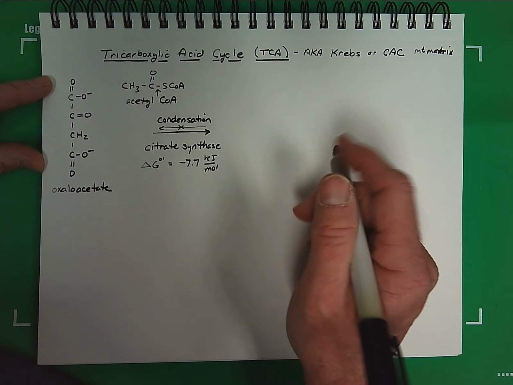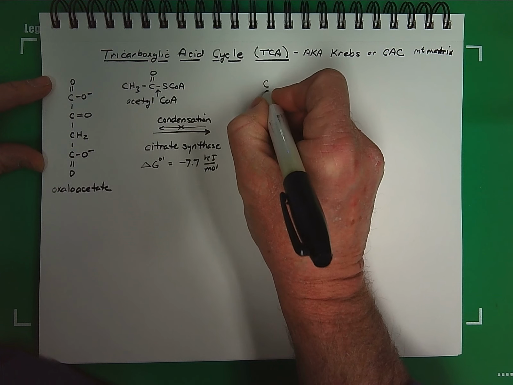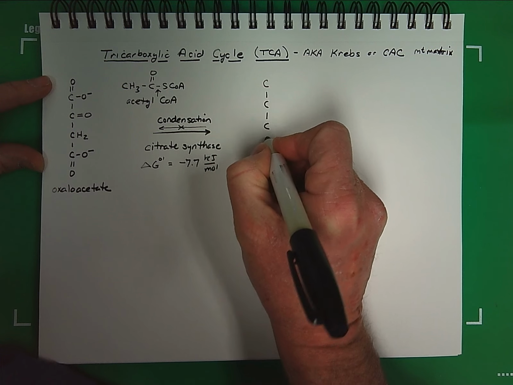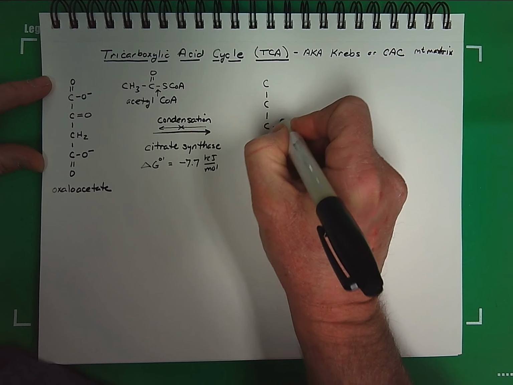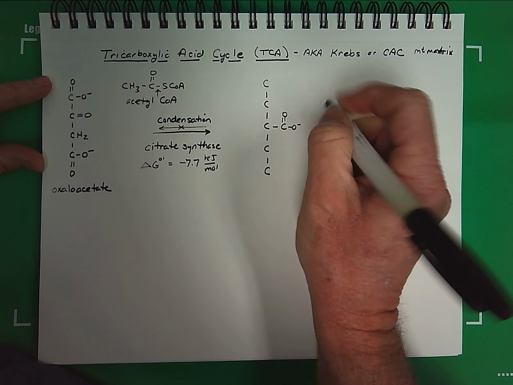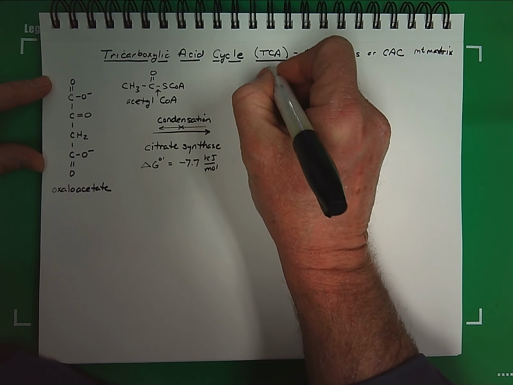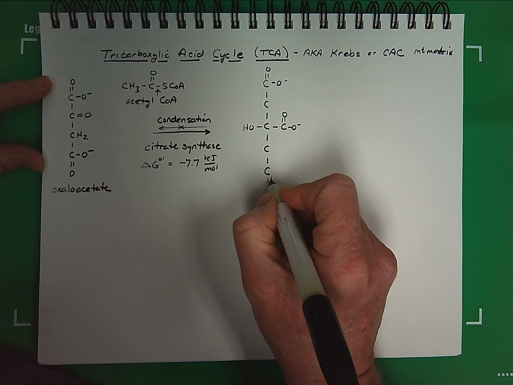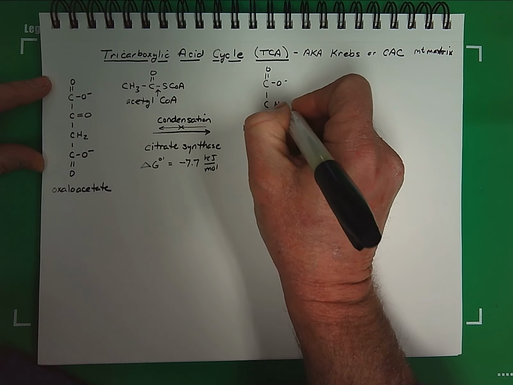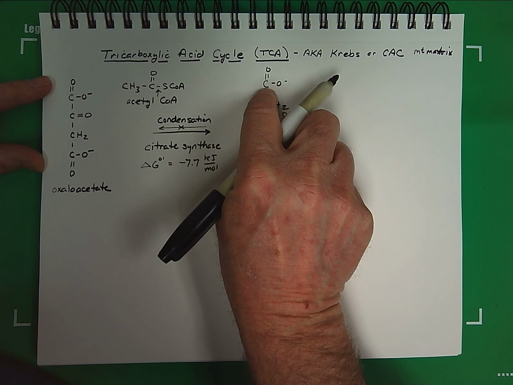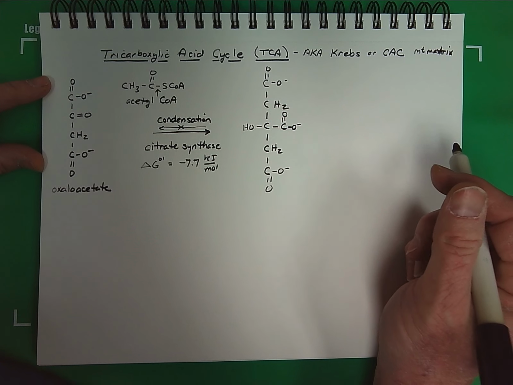So the product that we make of this reaction is going to be a 6-carbon TCA intermediate. Here's our 6 carbons. 1, 2, 3, 4, 5, 6.